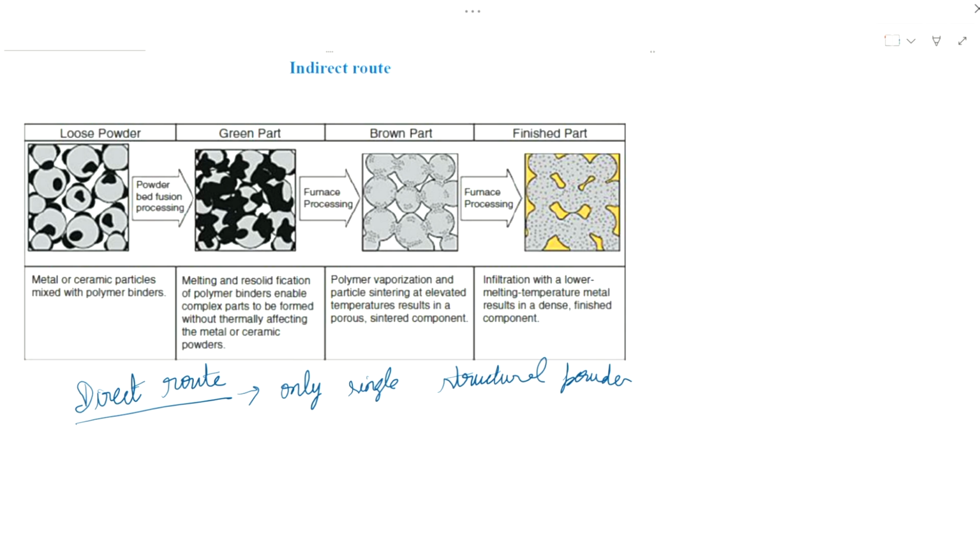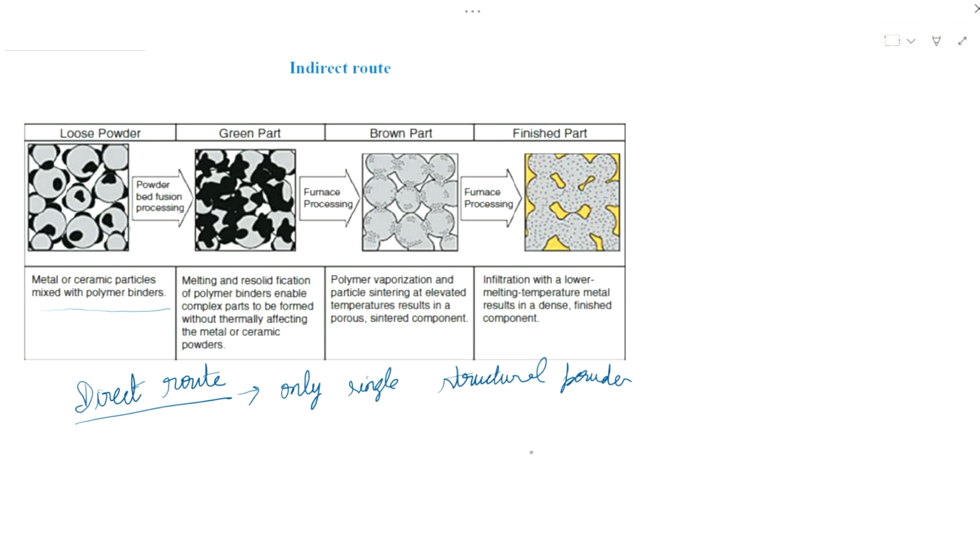Now the indirect route is also there. First, in the indirect route we will have a loose powder. These are maybe metal or ceramic particles mixed with polymer binders. Why polymer binders? Because the melting point of polymers is lower compared to that of metals. Now this is the powder bed fusion processing.